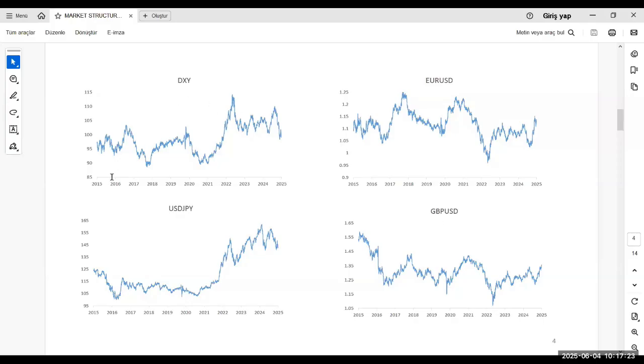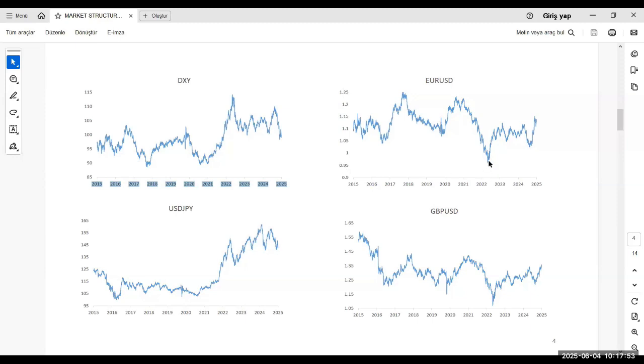For this time frame, from 2015, for 10 years, I'm checking what is happening. How is the DXY fluctuating around the world? This is the highest value, 115, and the lowest value around 90 for the United States dollar spot exchange rate, and 1.25 for Euro USD, and the lowest value 0.95.